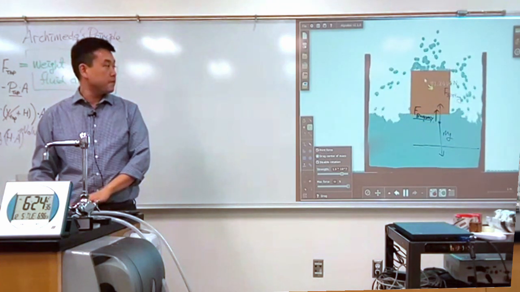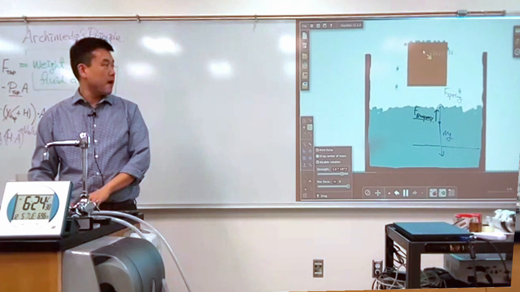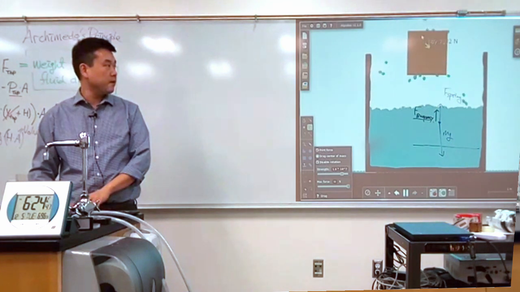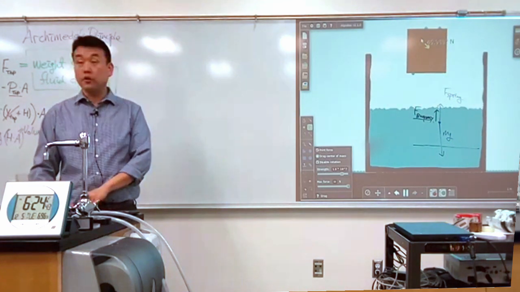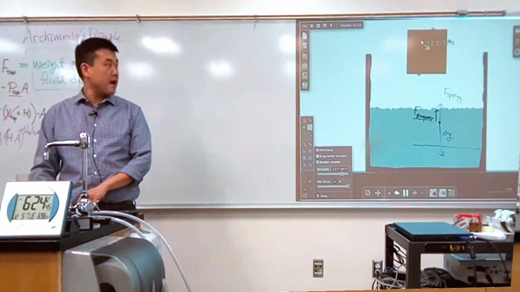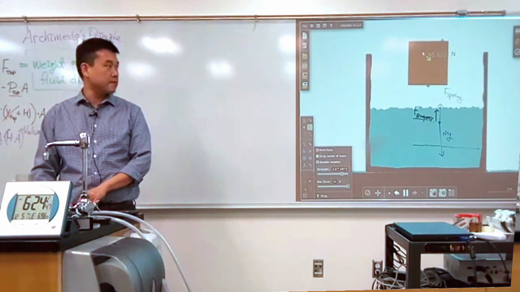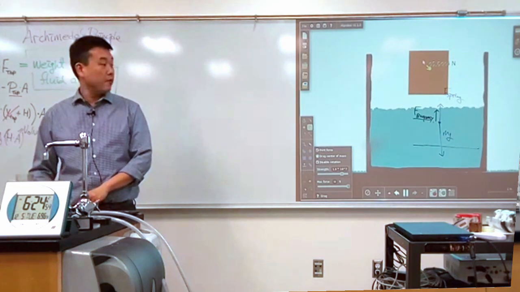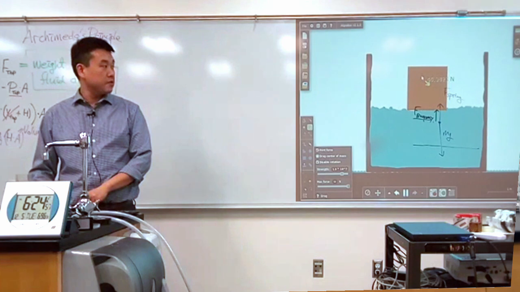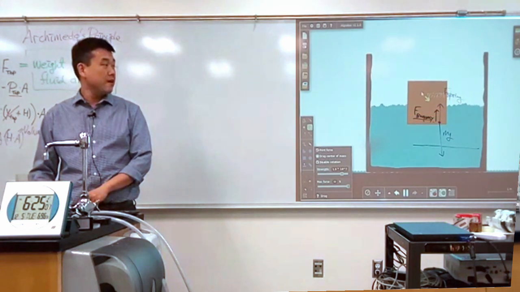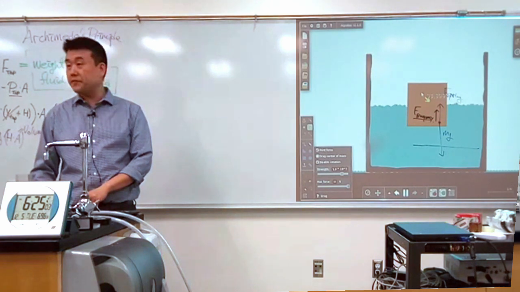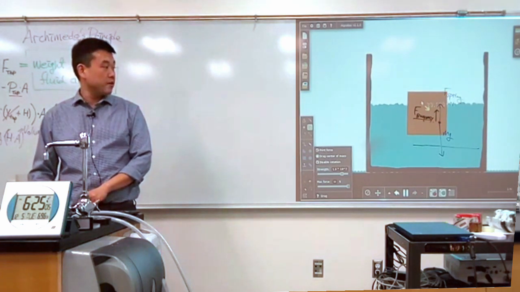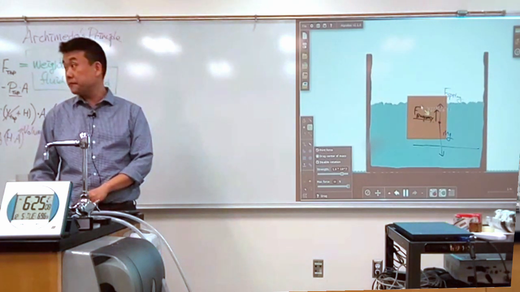When I have this box and I'm holding it up here, it has some amount of weight. As I start to submerge this box in water, the amount of force I have to apply to keep it floating will go down and down. So you see that as I submerge it, it goes from 45 newtons, and it becomes harder to read. It goes to 30-something newtons, and eventually it'll go down to 20-something newtons.